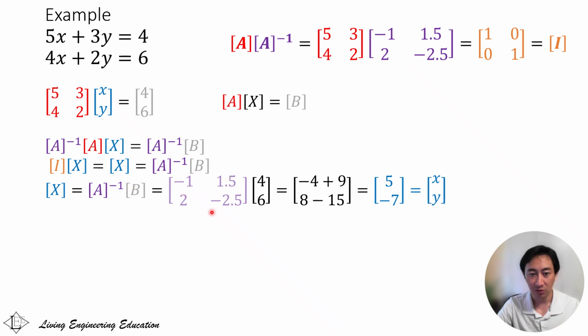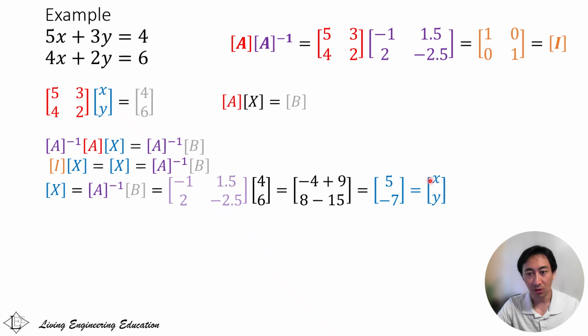I take that inverse matrix, multiply by my constant vector b, 4 and 6, and then what do we get? We get -1 times 4, -4. 1.5 times 6, 9. And I get 2 times 4, 8. -2.5 times 6, -15.